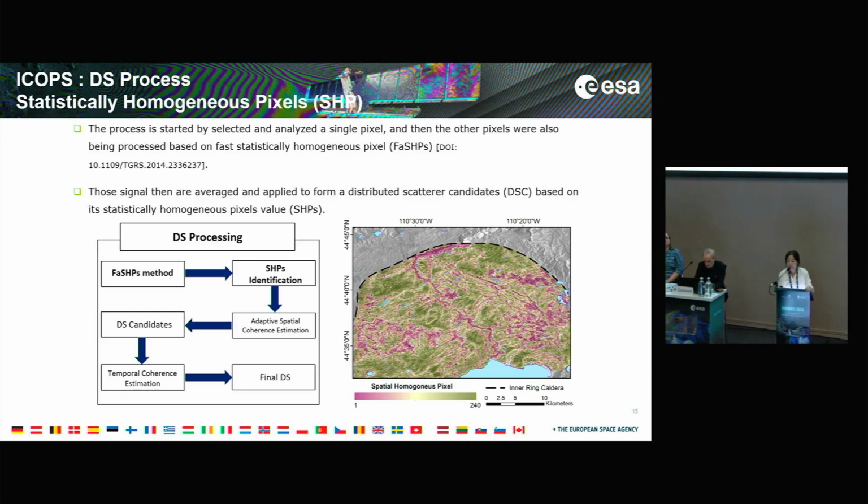The process starts by selecting and analyzing a single pixel, and then the other pixels are also processed based on fast statistically homogeneous pixels. Those signals are averaged and applied to form a distributed scatterer characteristic based on the statistically homogeneous pixel value.